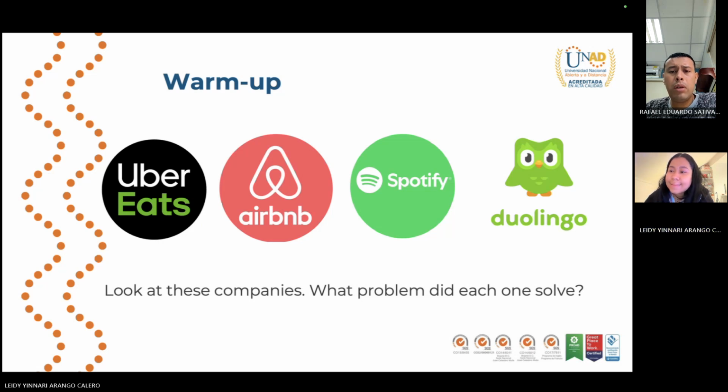Spotify is for listening to music and creating a favorite list of music. And Duolingo is for learning words in English and many other languages too.